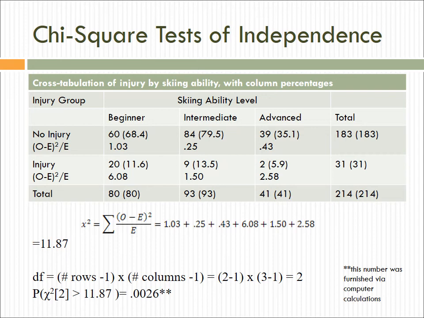If you look back to the table, they've done observed minus expected, and determine what numbers those are, like 1.03, 25, 43, etc. All those numbers have already been calculated out for you in the table.